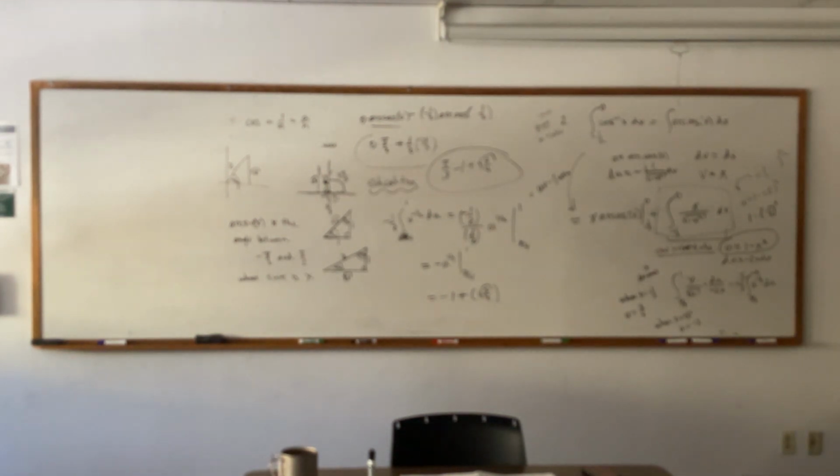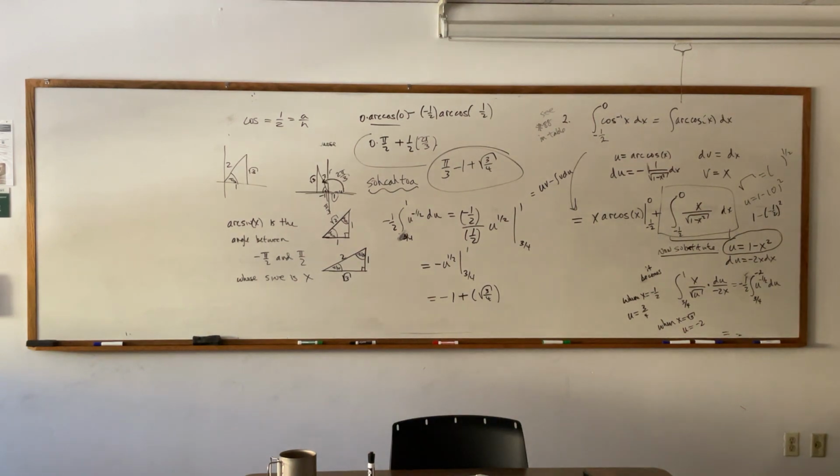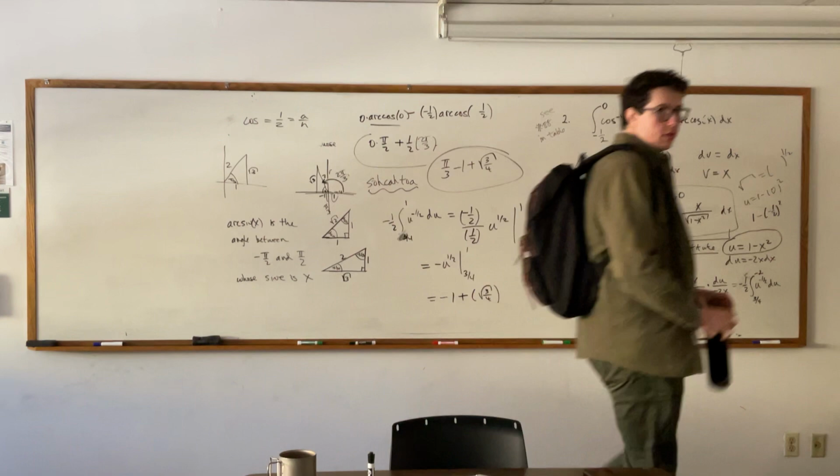And then I guess I'll just do this one, u substitution. And I would just make it a plus, so I would just rewrite it, because you got a minus, make it a plus, so there's just one less thing to worry about. Yeah, okay, cool.